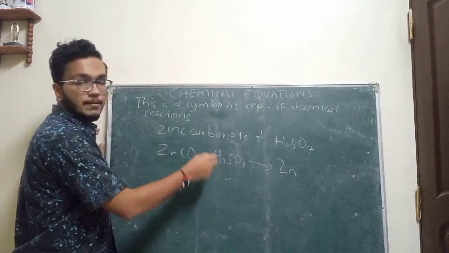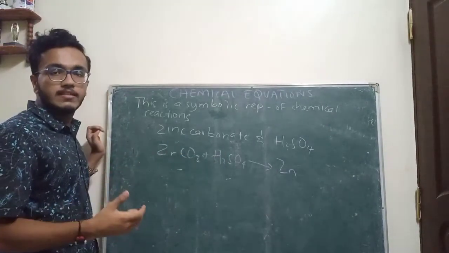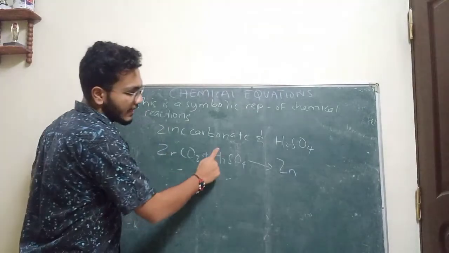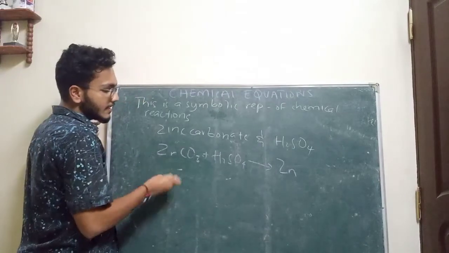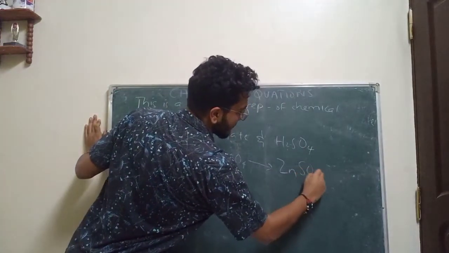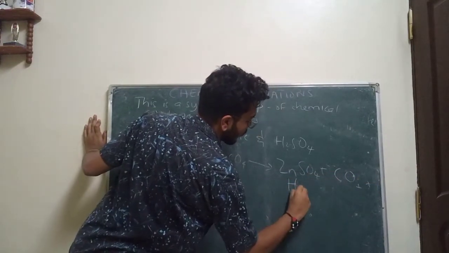The hydrogen is replaced. We learned what an acid is: a substance that contains replaceable hydrogen ions. So in the reaction, the hydrogen ions are replaced. Zinc carbonate plus H2SO4 forms zinc sulfate plus CO2 plus H2O, which is water.